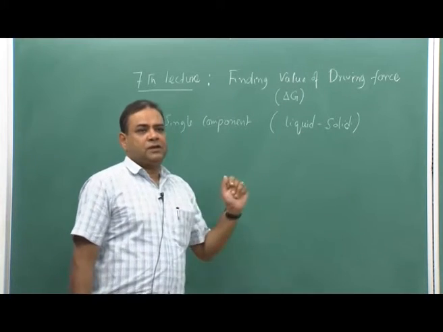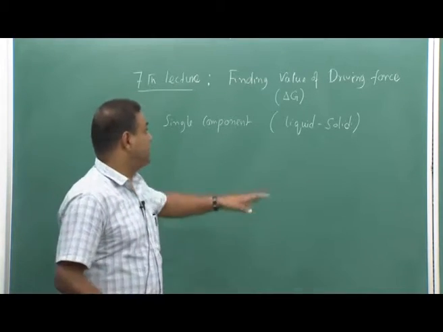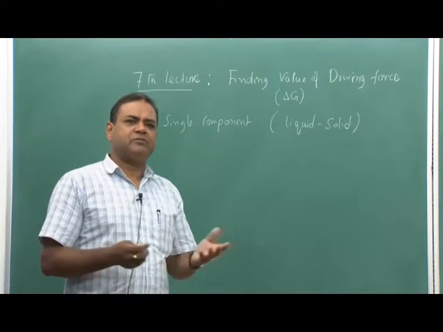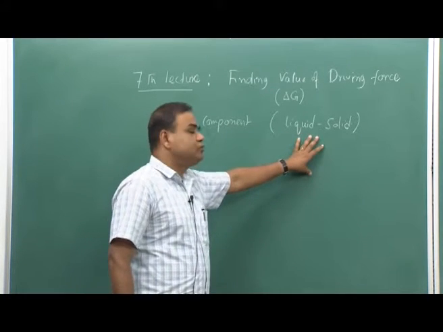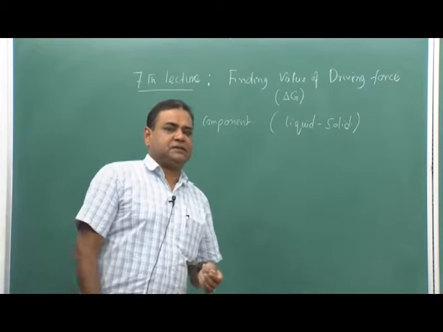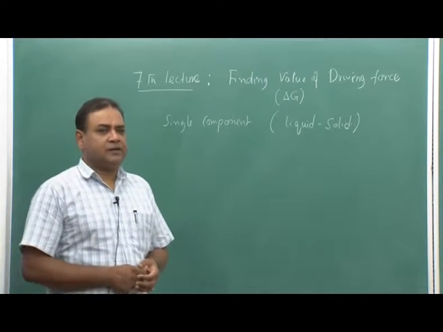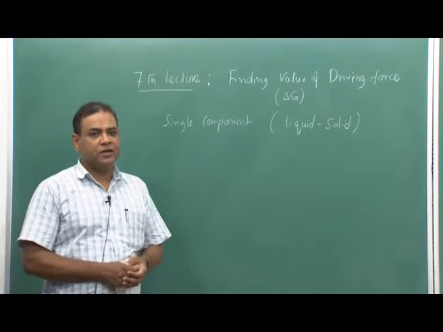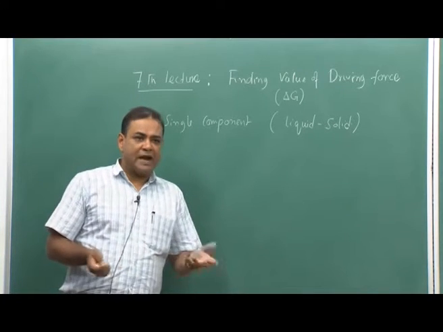First of all, it gives an idea of how to find out del G in a very crude, very simple manner. But at the same time, liquid to solid transformation is useful in one of the structures which is known as glass. Glass is a kind of structure which is also in the form of solid, but interestingly the structure is random.